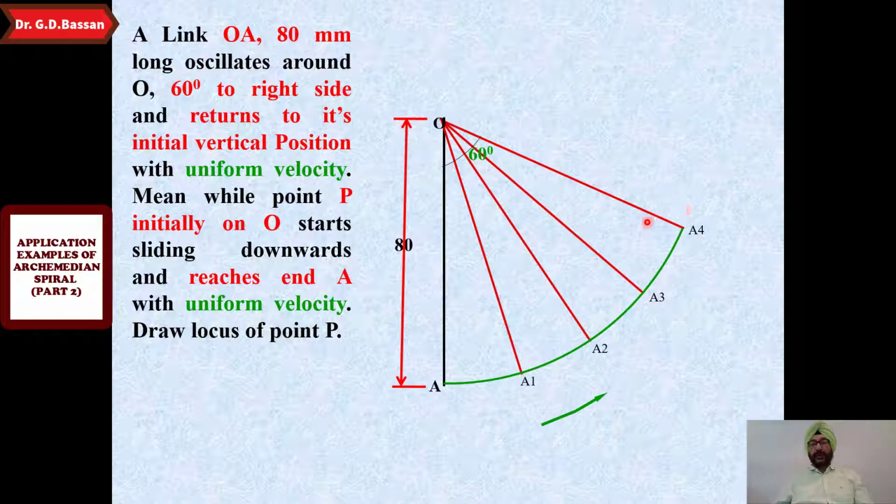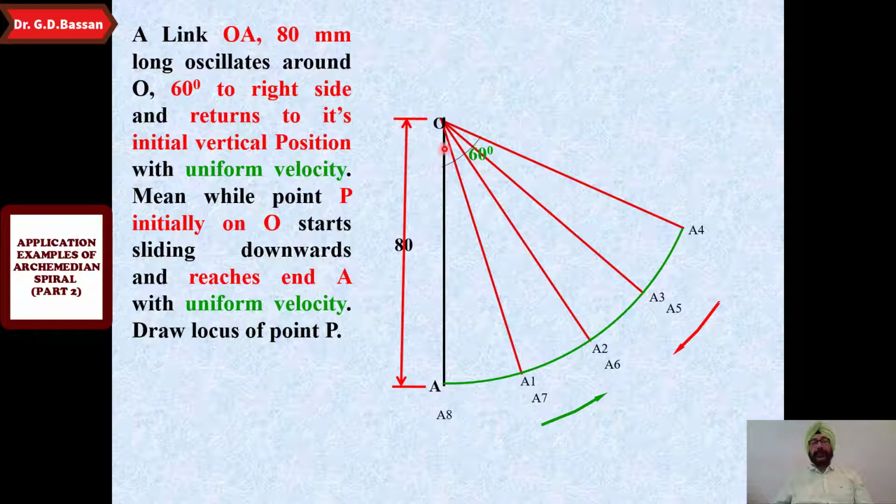Now after moving to the rightmost position, let's go back to the initial position and give the numbering in the clockwise direction, and at the end we have the A8 point. So we divide the total oscillation movement of the link into 8 equal parts. Hence, we have to divide the linear movement of OA also into the same 8 equal divisions.